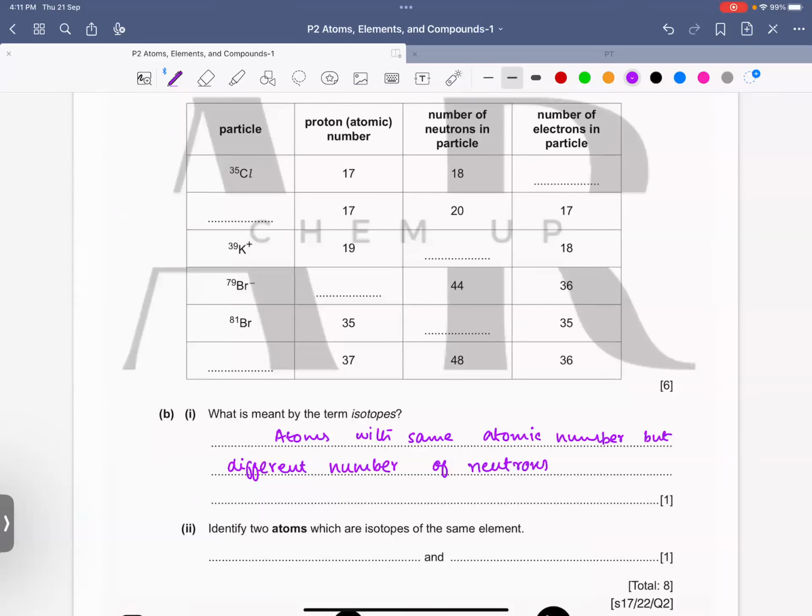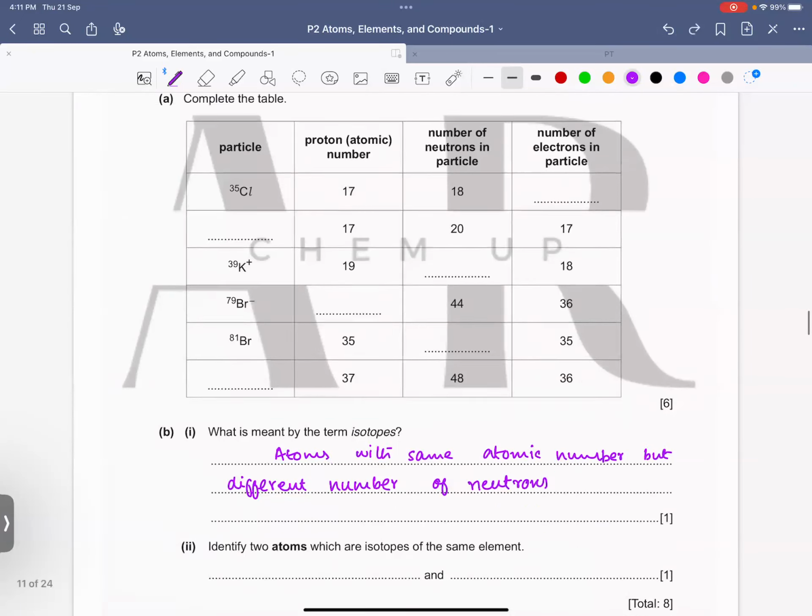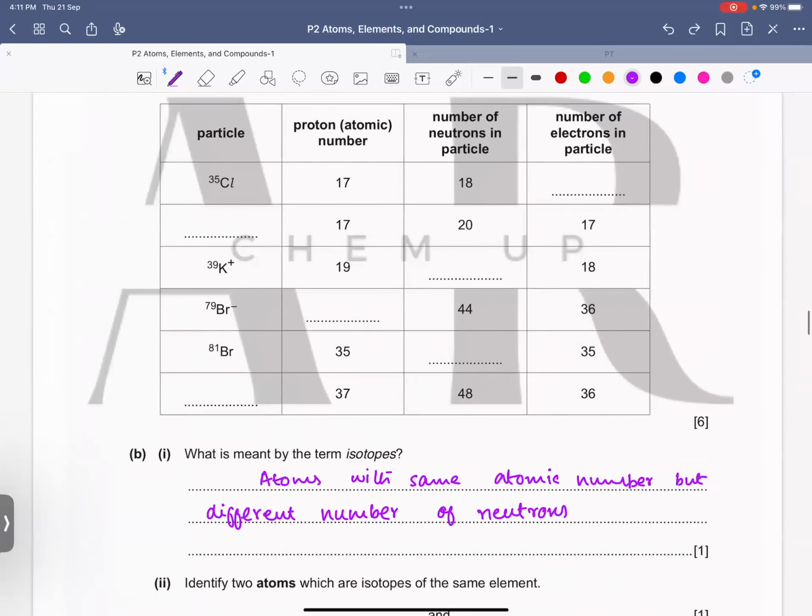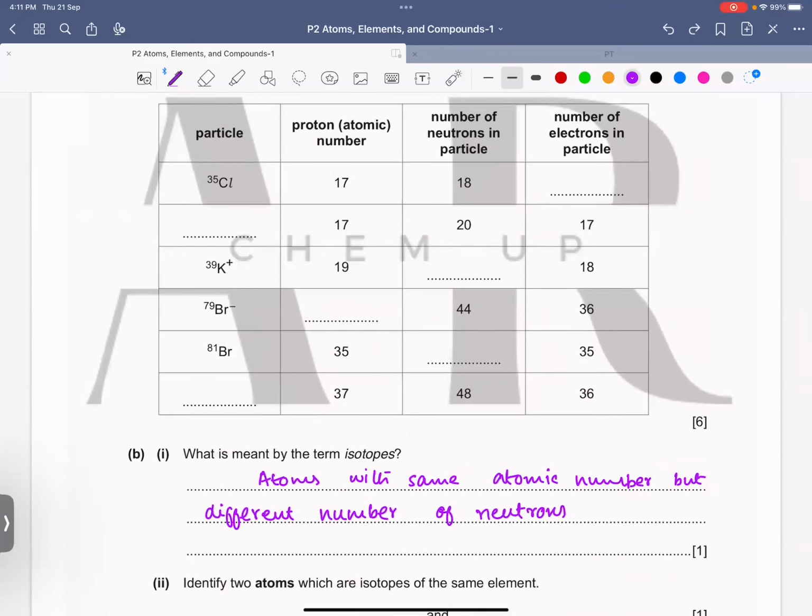Okay, let me ask you one by one. Sania, can you tell me what is the value that we are going to fill over here? Yes, Manahil. It will be 17 because it's an atom with no charge. So the number of protons and the number of electrons are equal.